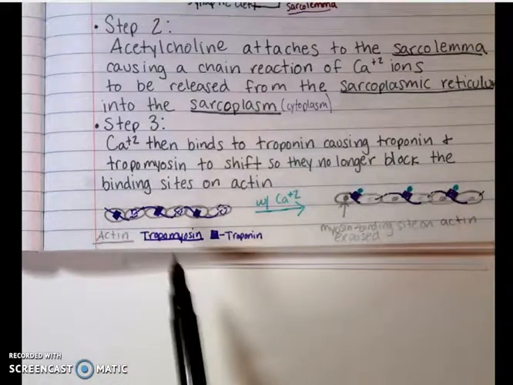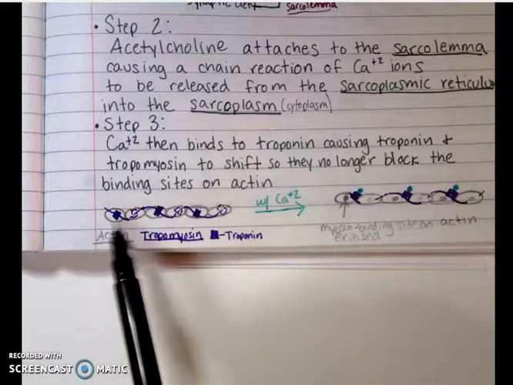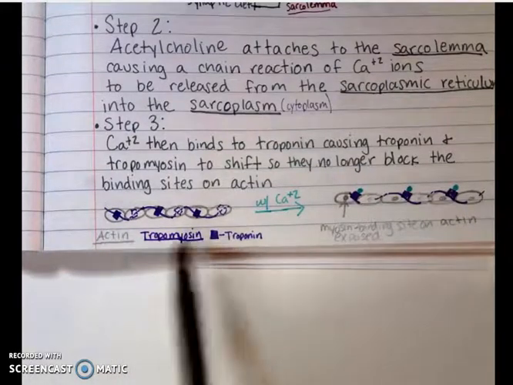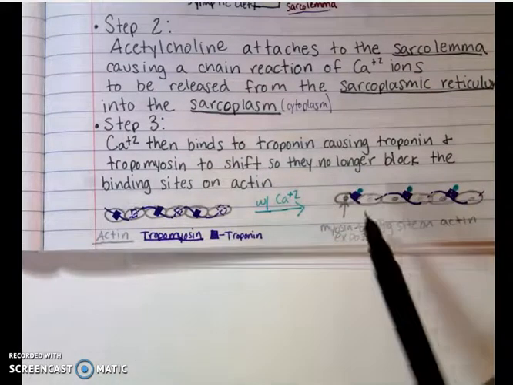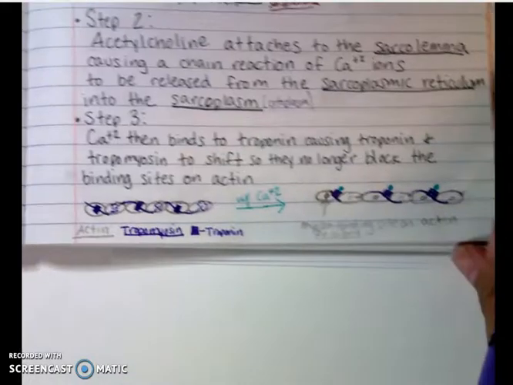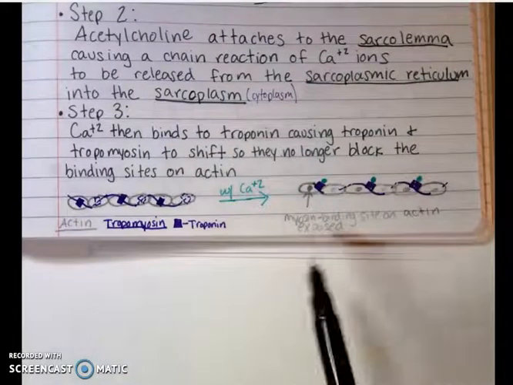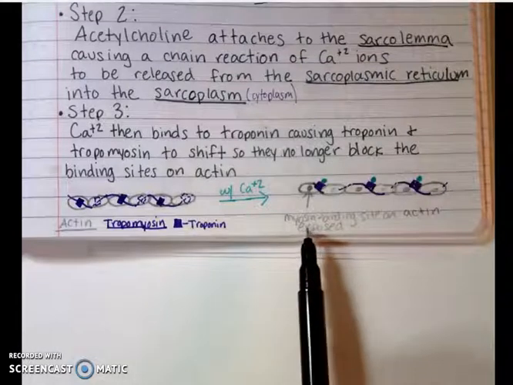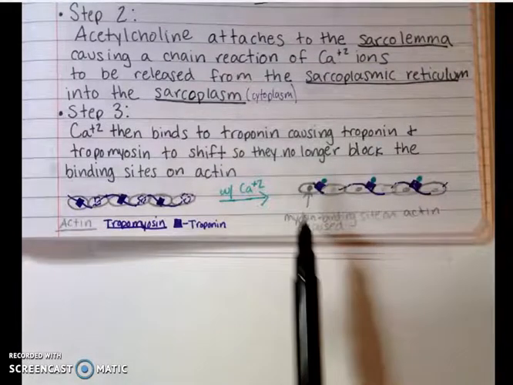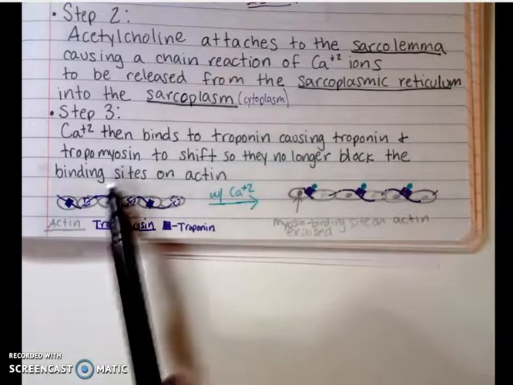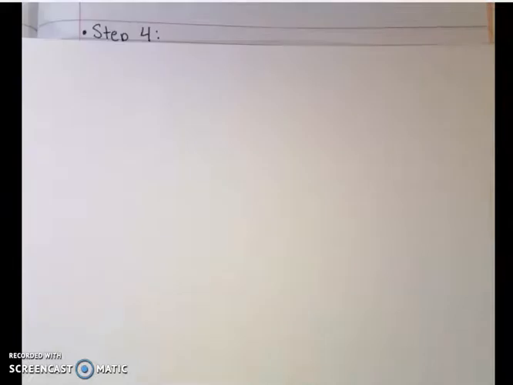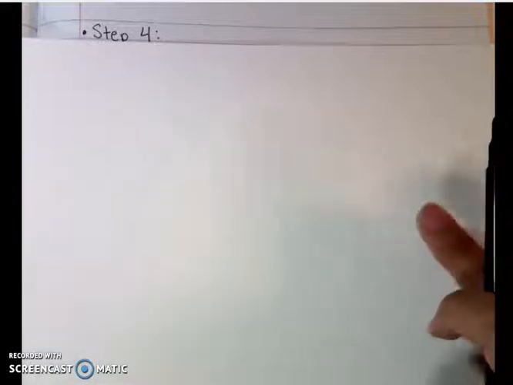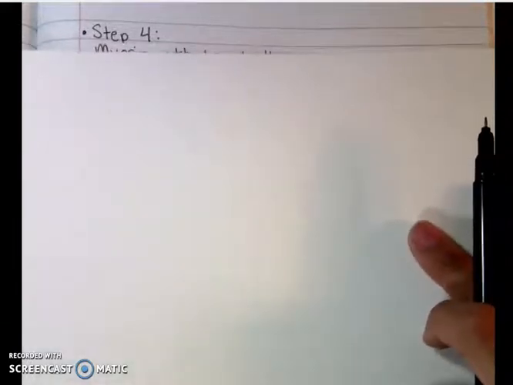Whenever your muscle is resting, these binding sites are blocked off by these 2 proteins. They're kind of like the bodyguards, keeping it blocked off. But when calcium comes, it causes the proteins to move, exposing those binding sites so that now contraction can happen. Troponin and tropomyosin shift and no longer block the binding sites on actin.